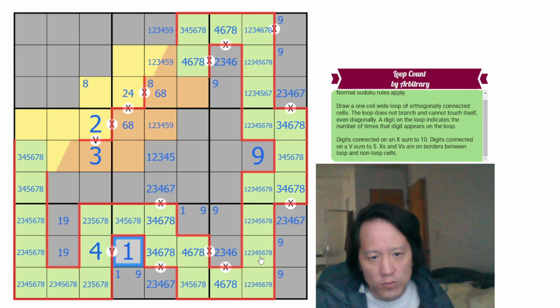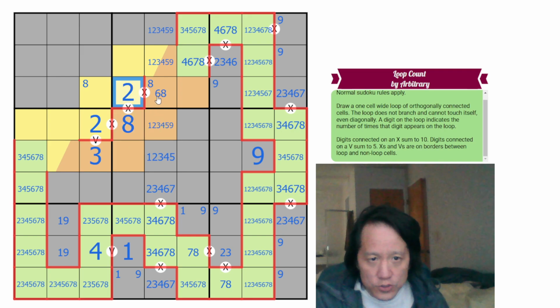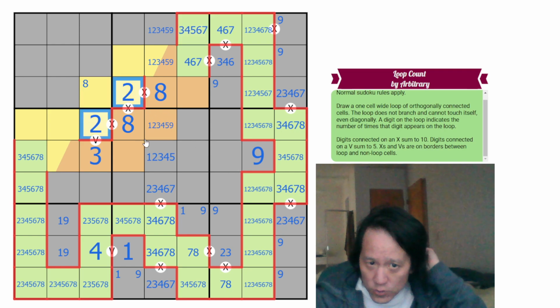So this is 4 and 1, which means this is one of 2 or 3, 7 or 8. This would have to be 8, 2, 8. So this could not be 8 and 2, so that can't be 8. These two are out, not on the loop. The 8 would be here, therefore this can't be 2 and 8.